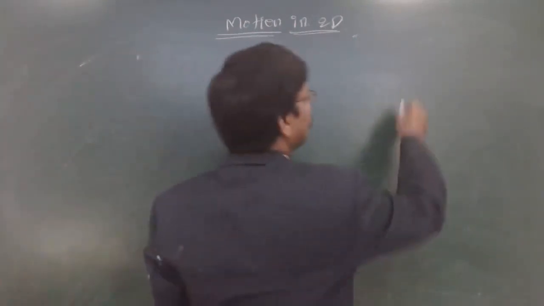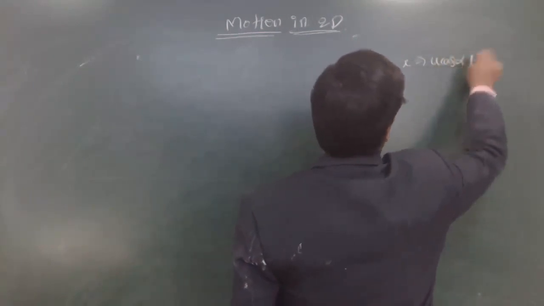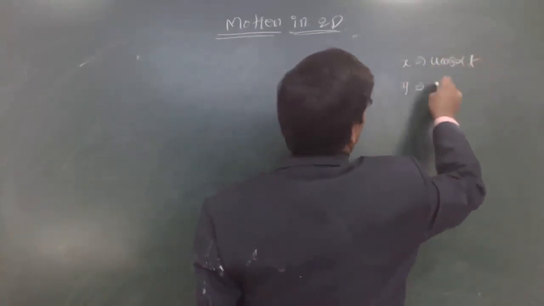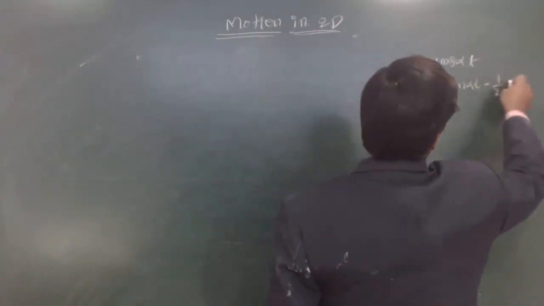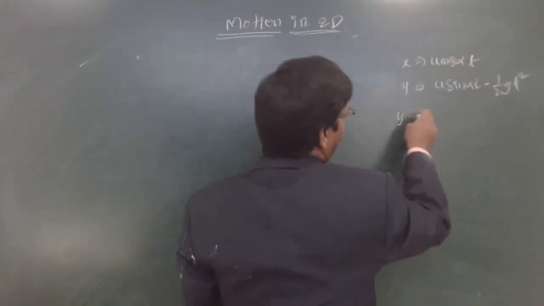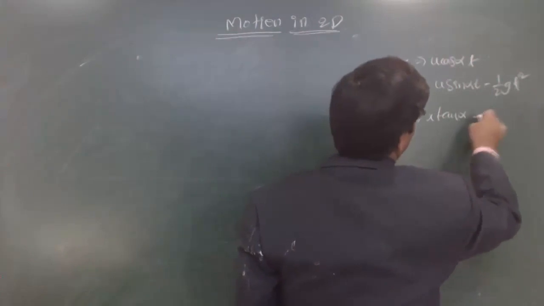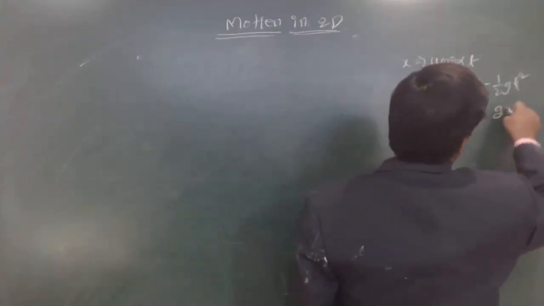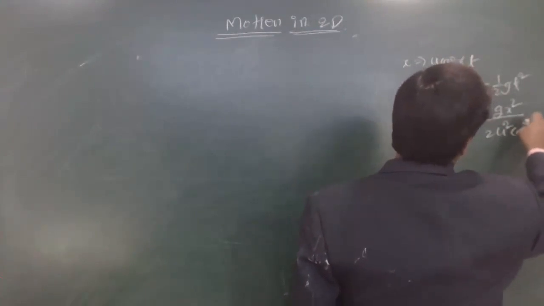So we have got the fundamental relations x is equal to u cos alpha into t and y is equal to u sin alpha into t minus half g t square, and then y is equal to x tan alpha minus g x square by 2u square cos square alpha.